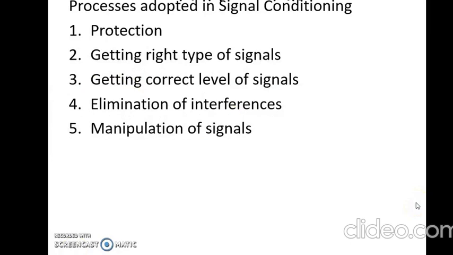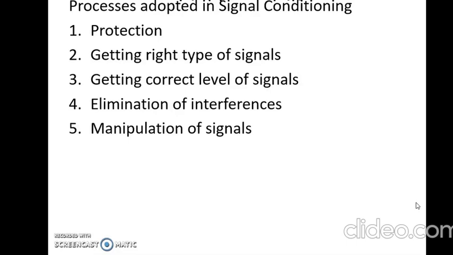Now let us see the processes adopted in a signal conditioning system. The following processes are usually adopted. The first one, protection. If the magnitude of the output electrical signal from a transducer is very high, then it may damage the next unit or element, which is required to be protected.